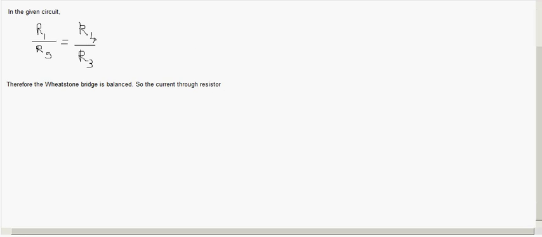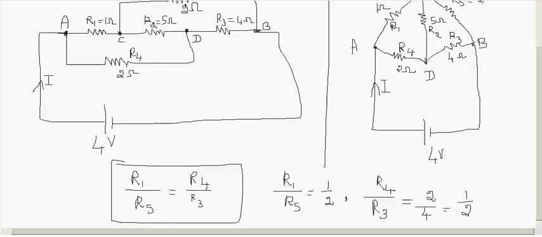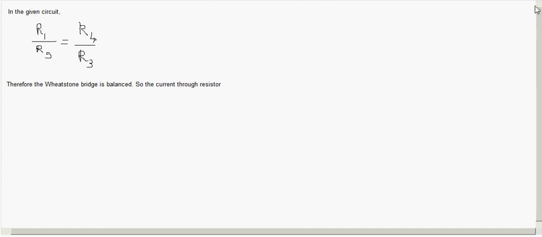The current through resistor R2 is equal to 0 amps. Therefore, since the Wheatstone bridge is balanced, the current through resistor R2 is 0 amps. Now it means that we can remove resistor R2. So the bridge circuit can again be rewritten.